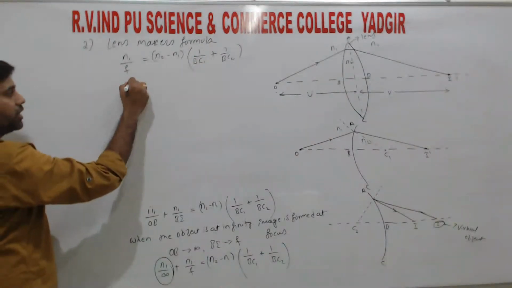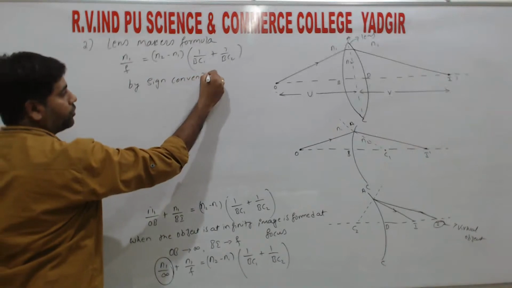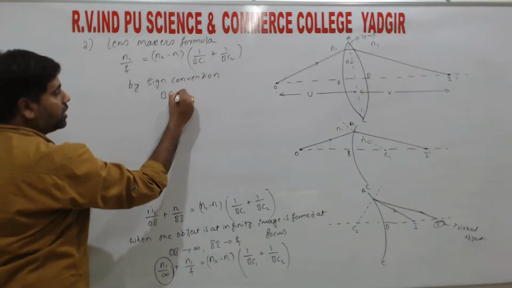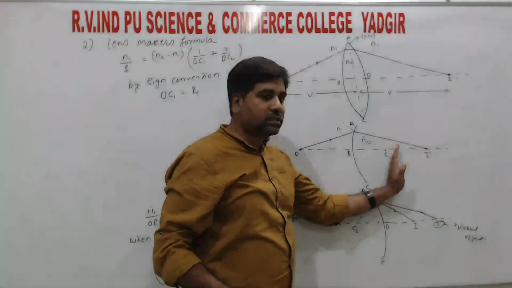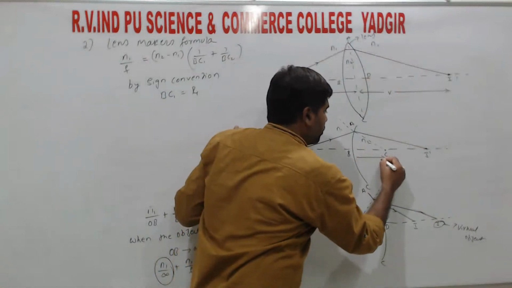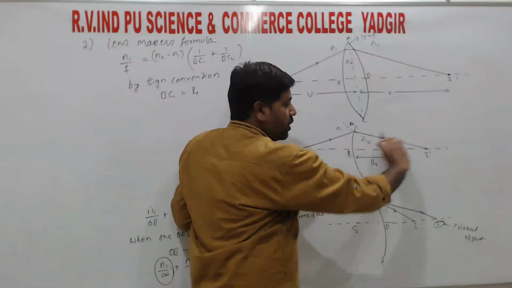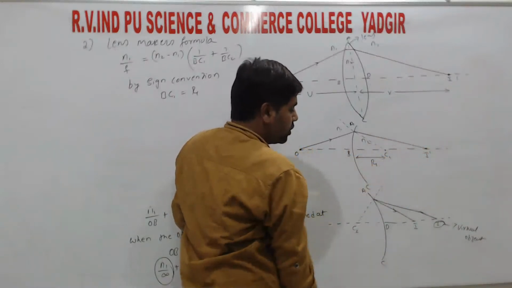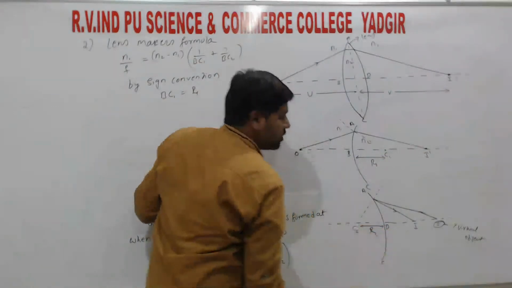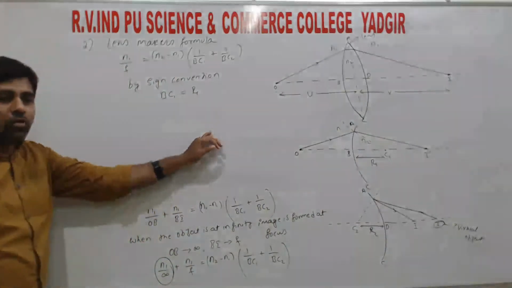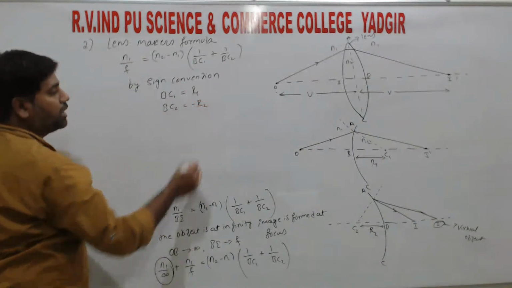By using sign convention, BC1 equals R1, right? So BC1 distance is the radius of curvature, so this distance is always R1. The incident ray and the distance we measure are in the same direction, so we took it as positive. For BC2, the incident ray is opposite to the radius of curvature we measure, so we took it as minus. So BC2 equals minus R2.